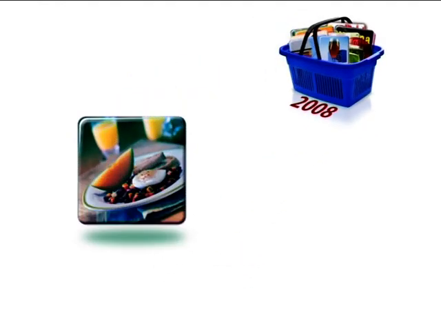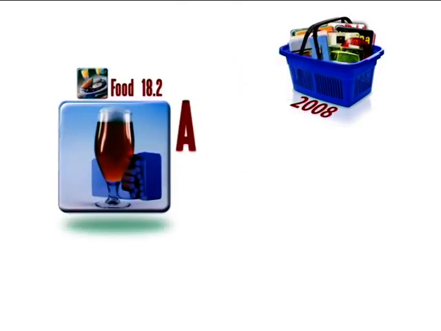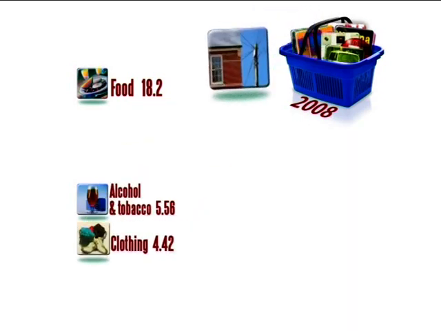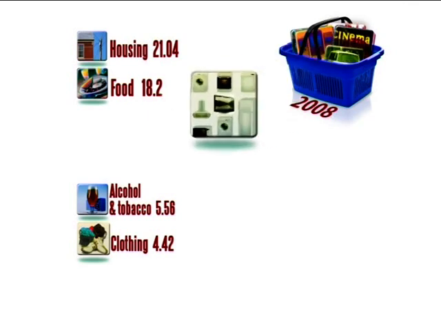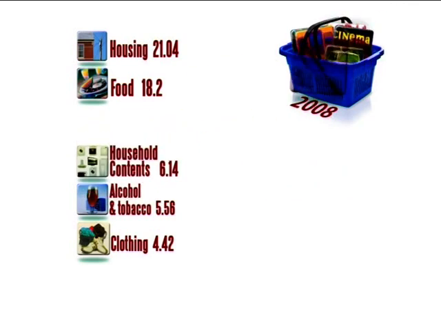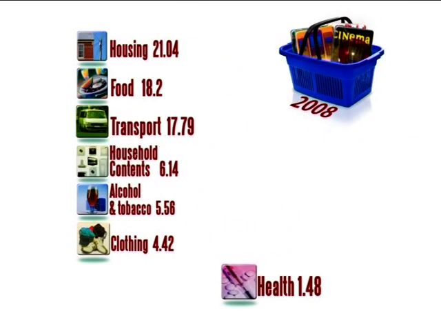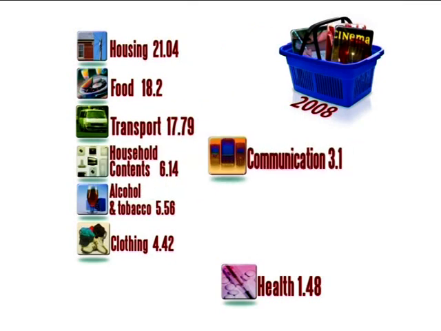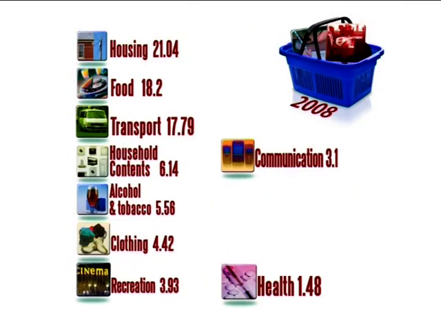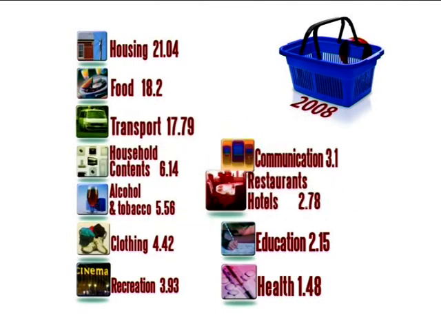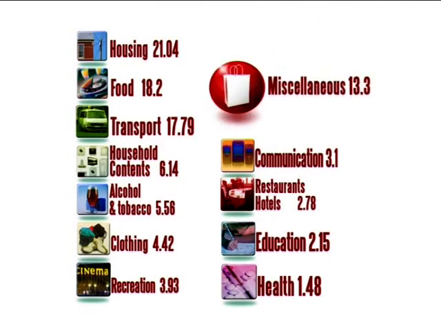Food and non-alcoholic beverages get a weighting of 18.2, alcoholic beverages and tobacco 5.56, clothing and footwear 4.42, housing and utilities get a weighting of 21.04, household contents 6.14, health 1.48, transport 17.79, communications get 3.1, recreation and culture 3.93, education 2.15, restaurants and hotels 2.78, and a category called miscellaneous, that's all the other things we buy that are too diverse from household to categorise, make up the remaining 13.3% of our expenditure.